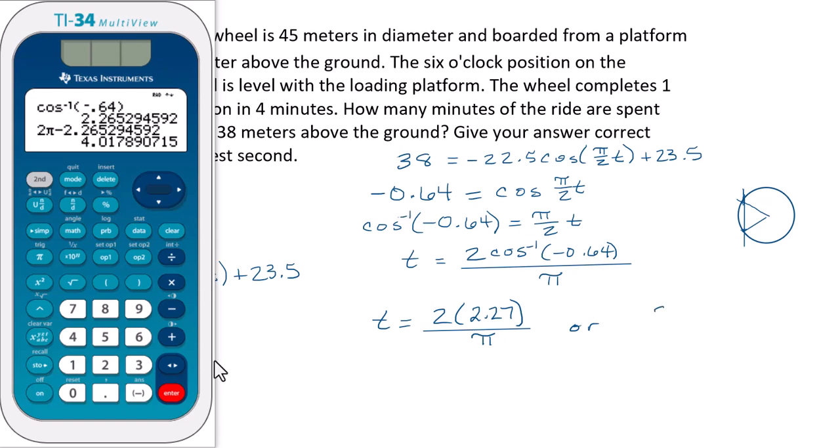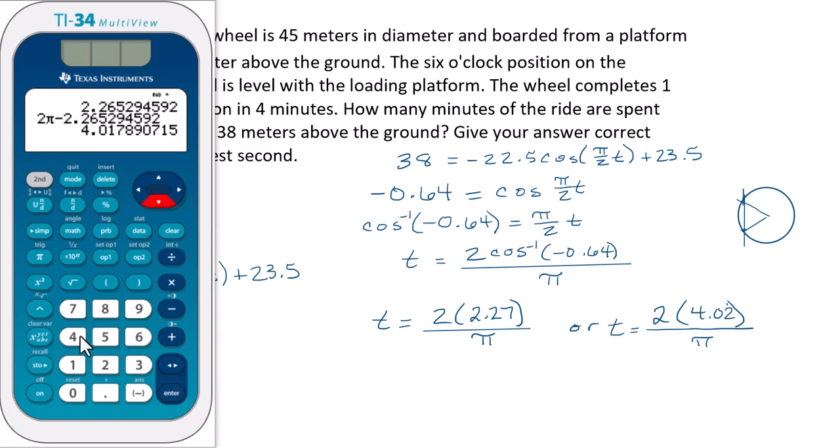So we have 2 times 4.01 divided by pi is the other time t. So we'll go ahead and put this into the calculator. I have 2 times 2.27 from up in the calculator and divide by pi, and I get a time of approximately 1.44.